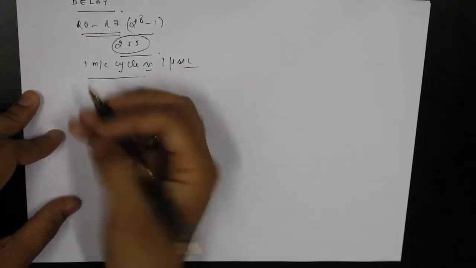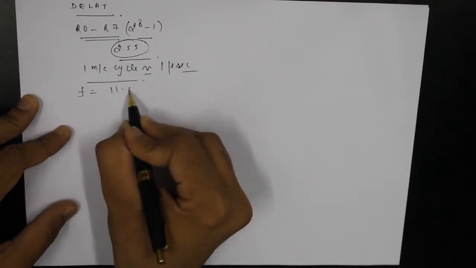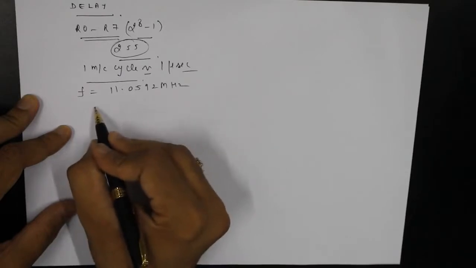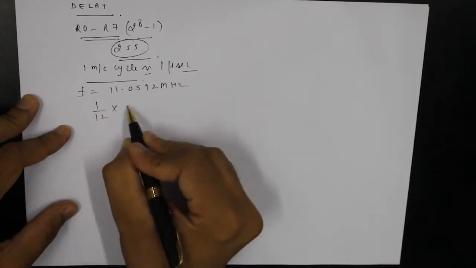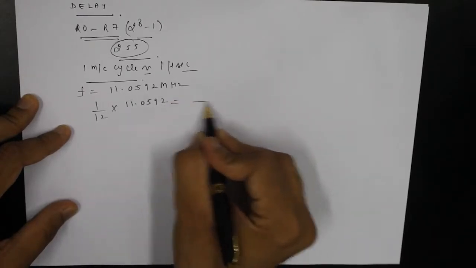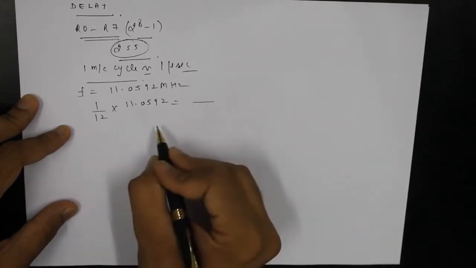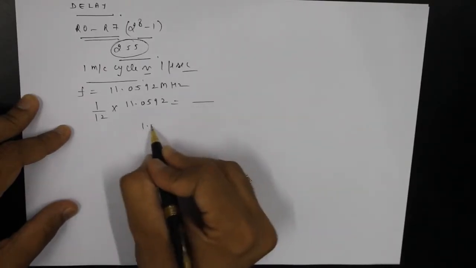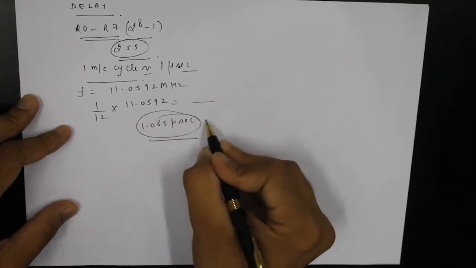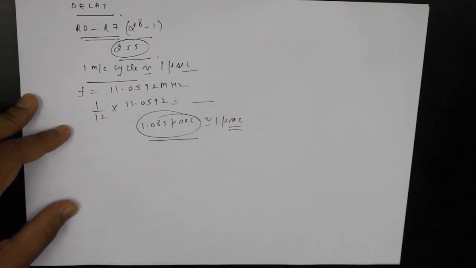When you say the crystal oscillator frequency is 11.0592 megahertz, you do 1/12 of the crystal frequency, and then whatever the result is, you take the reciprocal of that, and the result will be close to 1.085 microseconds. So we can say it is close to 1 microsecond that every machine cycle is going to take.